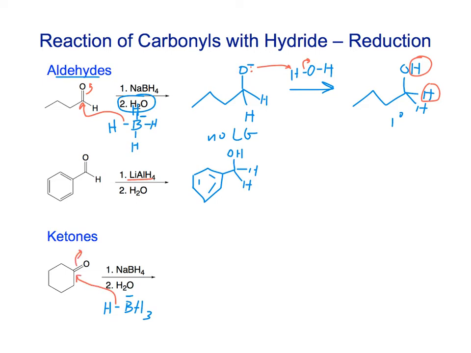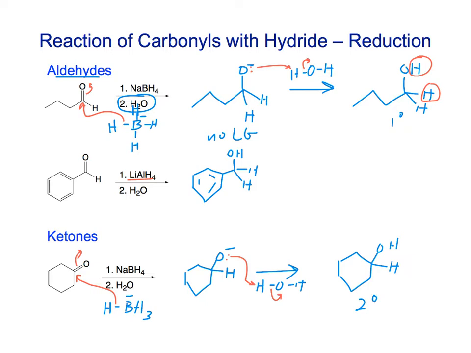It's going to go like this. We get this intermediate, right? There's no leaving group. So we quench the reaction with water. And we get a secondary alcohol. Aldehydes go to primary alcohols, ketones go to secondary alcohols.